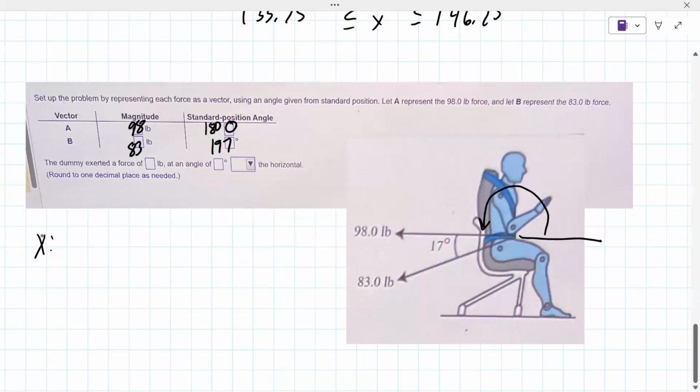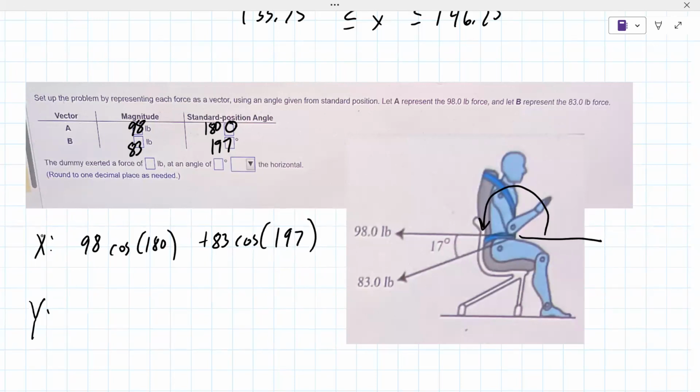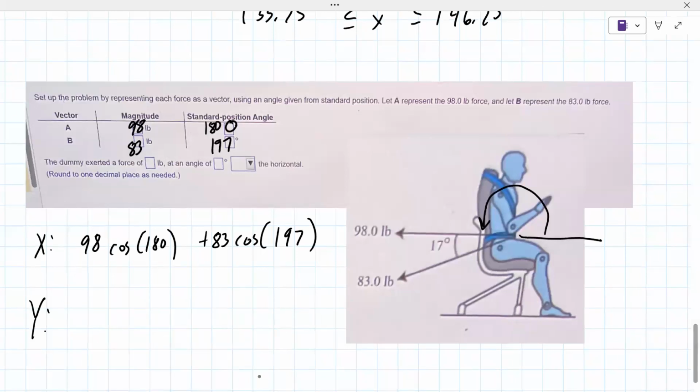In the x direction, it's 98 cosine 180 plus 83 cosine 197. And then the y direction, there's nothing from the first one, although it would be written this way, 98 sine 180, which is 0, plus 83 sine 197.